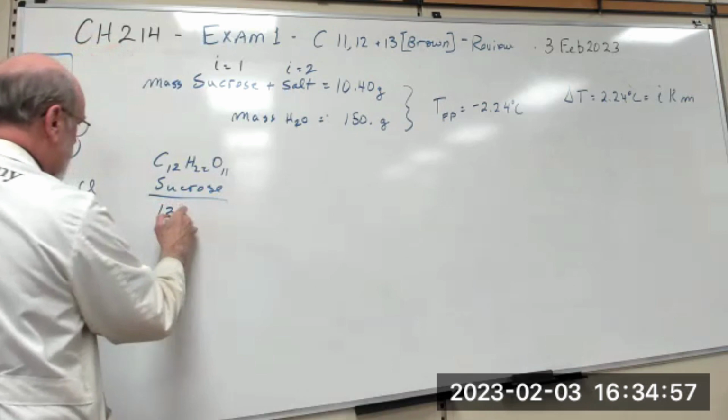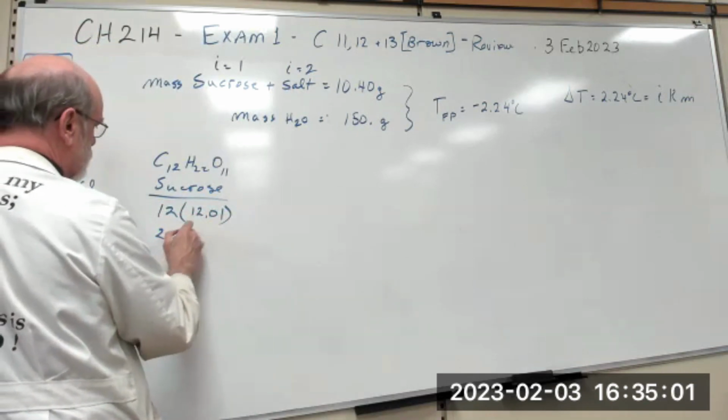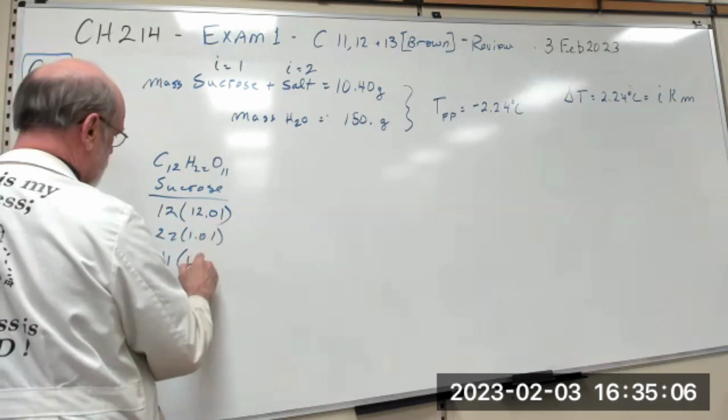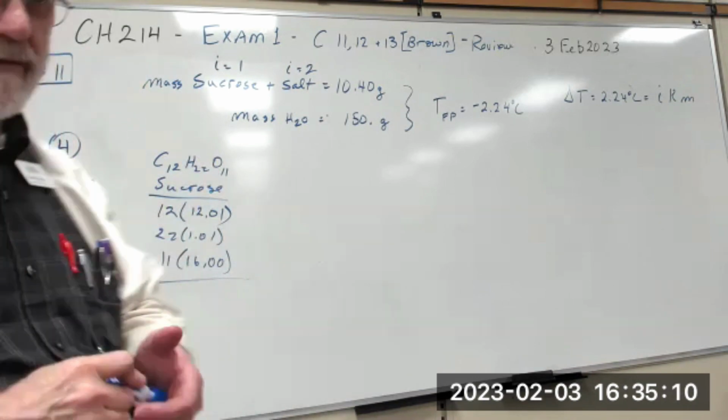So this is going to be 12 times 12.01 for carbon. It's going to be 22 times 1.01 for hydrogen, and 11 times 16 for oxygen. I'm going to need my calculator for that one.